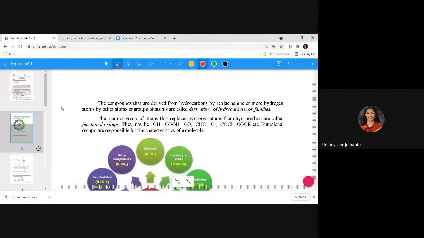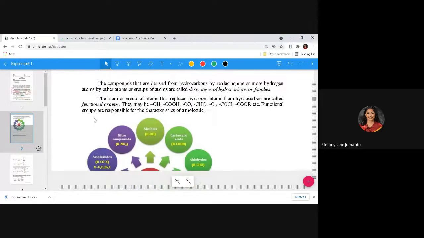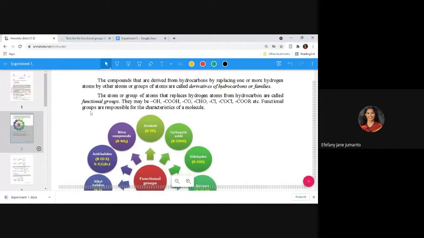Now let's go. The compounds derived from the hydrocarbons by replacing one or more hydrogen atoms by other atoms or groups of atoms are called derivatives of hydrocarbons or families.